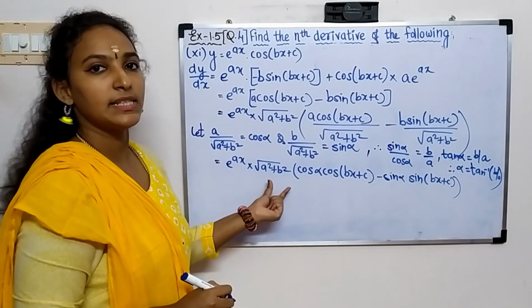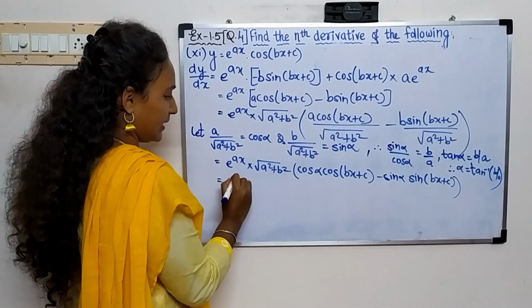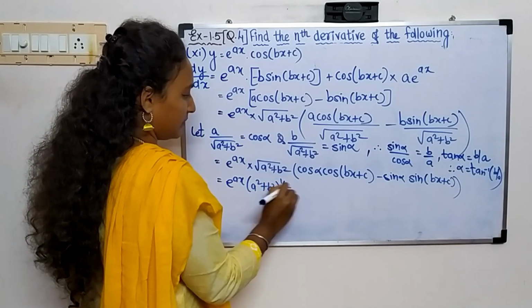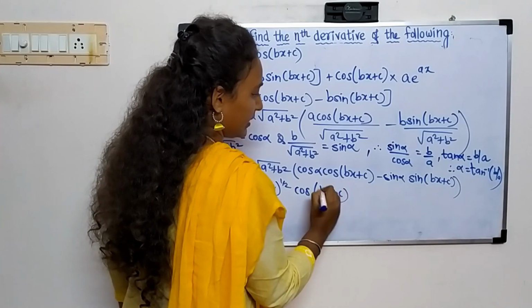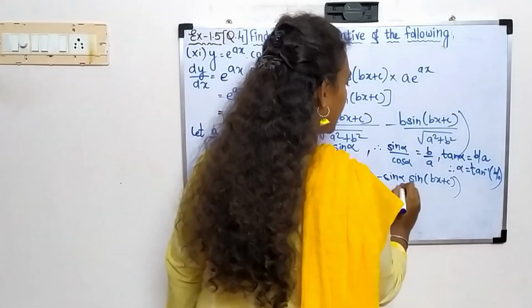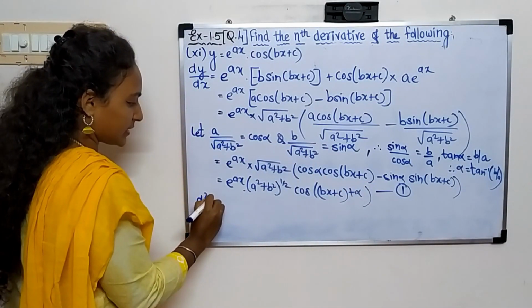And we are going to write this term as a square plus b square raised to half. This is e raised to ax, a square plus b square raised to half, and this is cos bx plus c plus alpha. This is equation number 1. Now calculate d square y upon dx square.